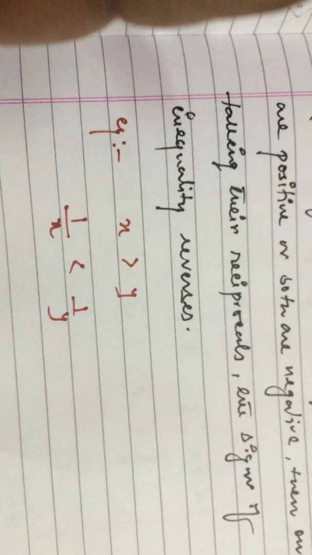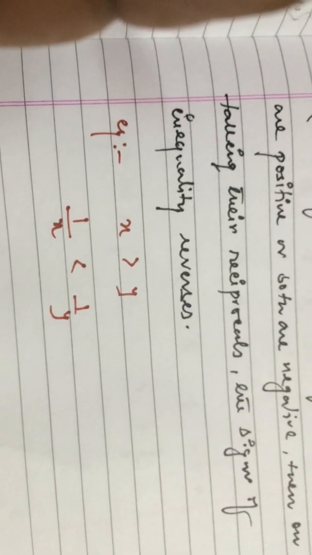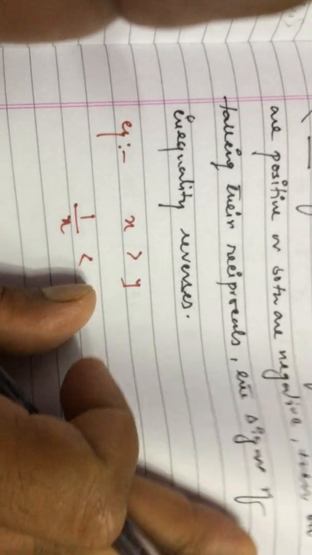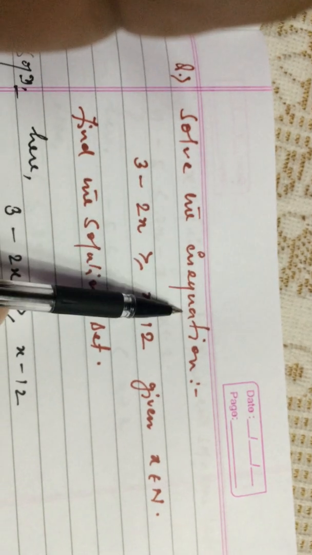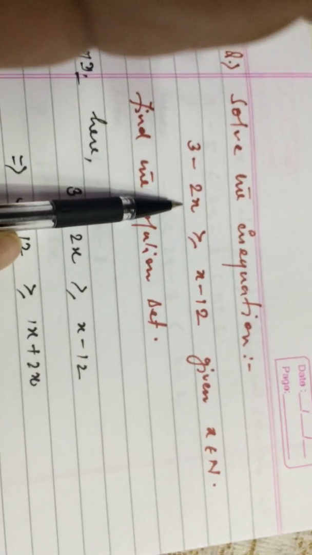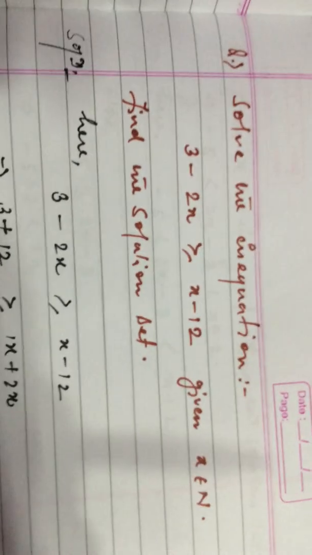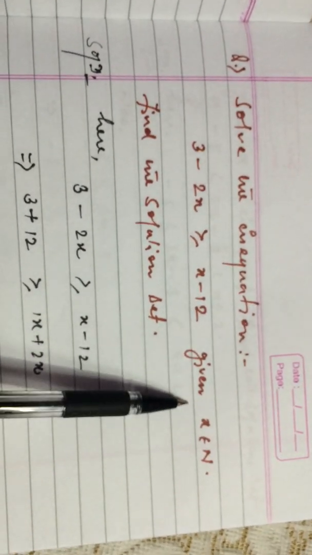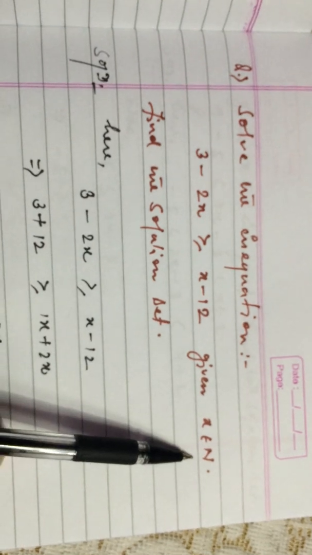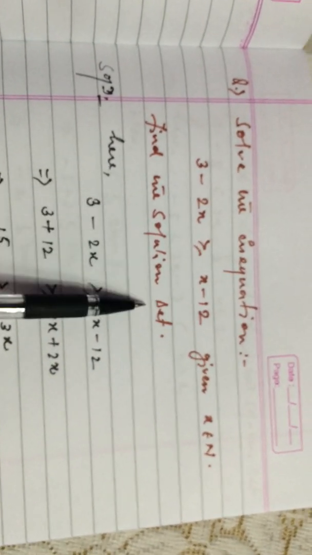Now let us see some problems on how to solve linear inequations. Problem number 1. Solve the inequation 3 minus 2x greater than or equal to x minus 12, given x belongs to natural numbers, and also find the solution set.